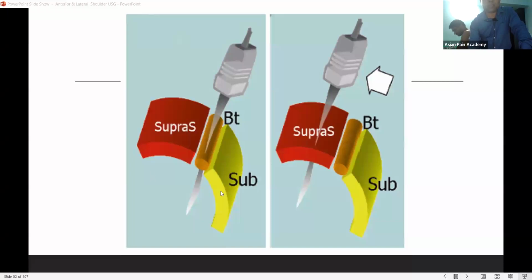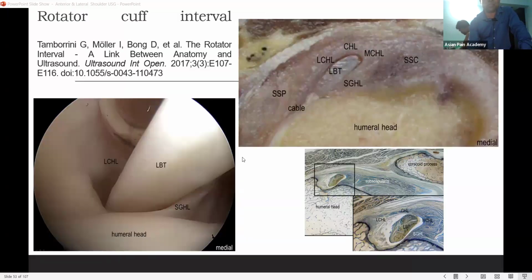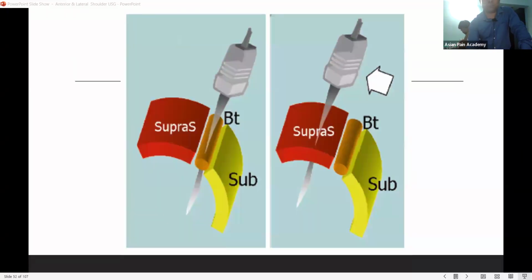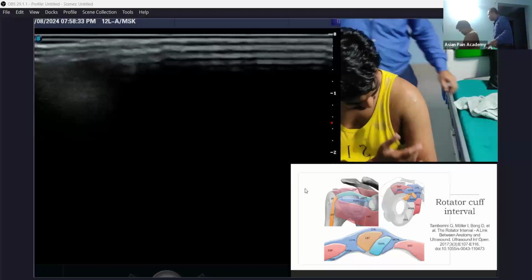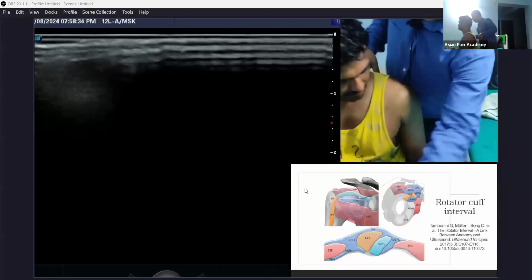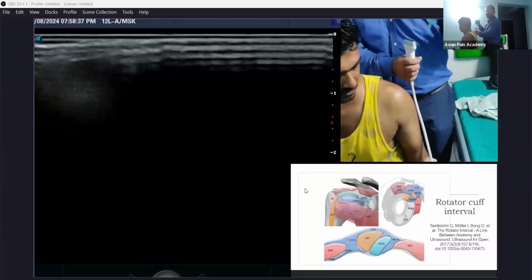So to see the rotator cuff interval, we will be seeing this area. Both the muscles we will see, and the biceps tendon we will see. So the rotator cuff interval is very important for doing any procedure.